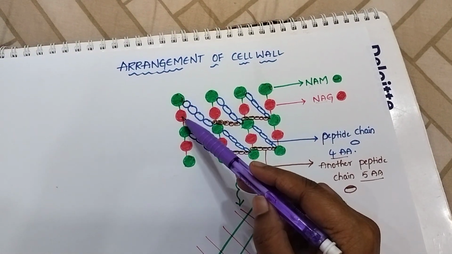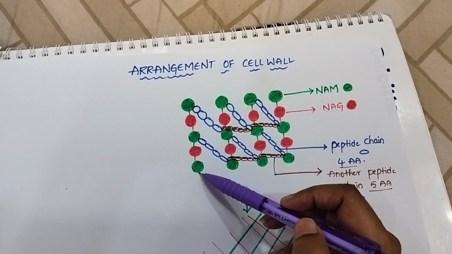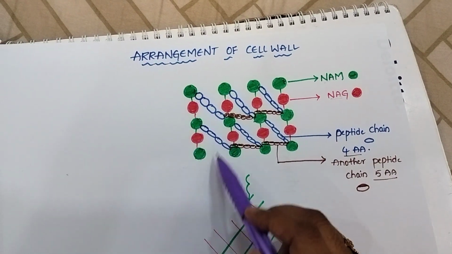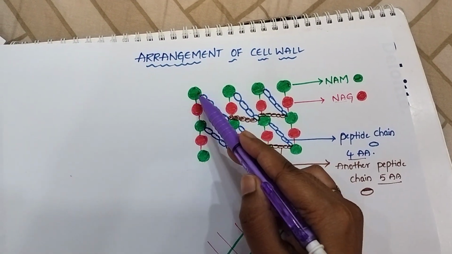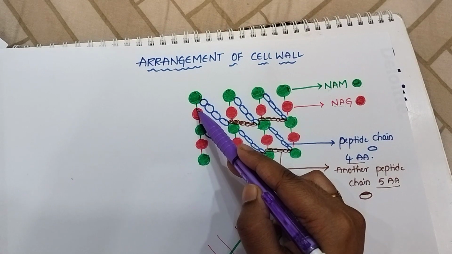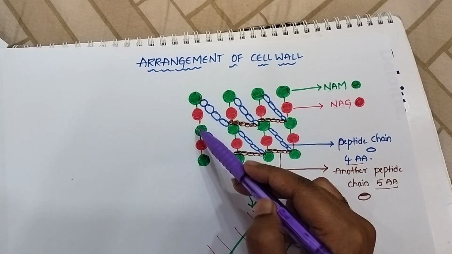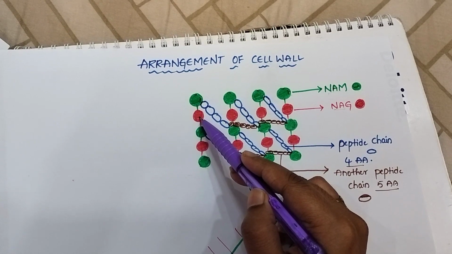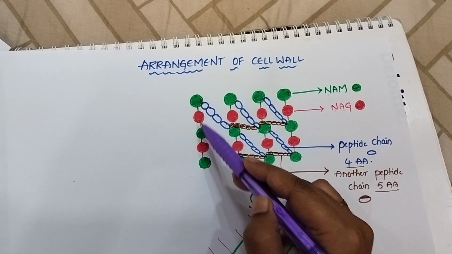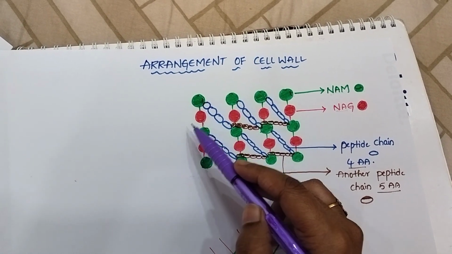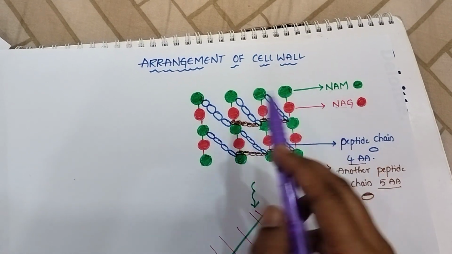So they are arranged alternately. Each NAM and NAG are interlinked with each other with a bond. We are done with the carbohydrates now.